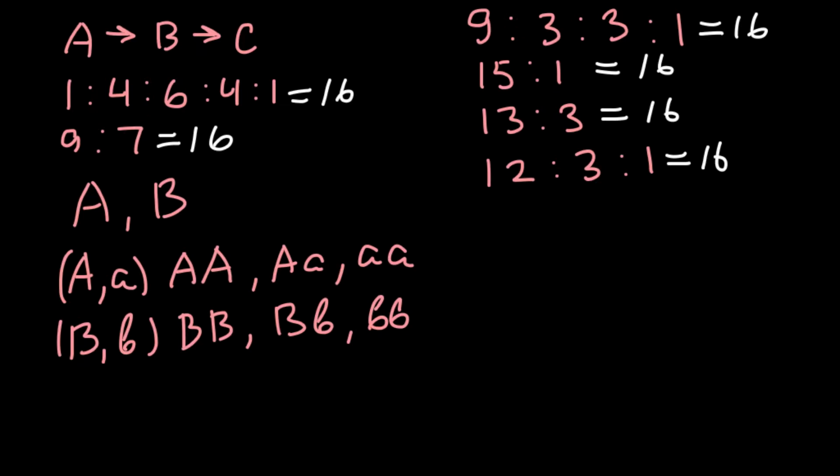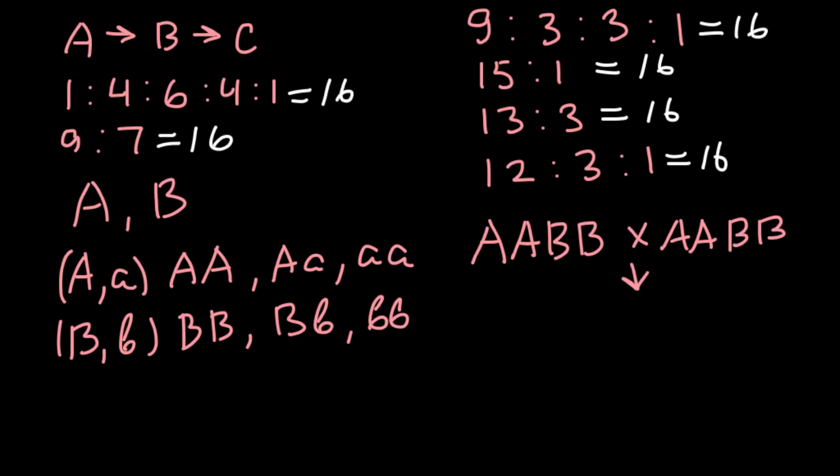For example, if one horse has the genotype capital A capital B and we cross it with the same genotype, then in the F1 generation only one genotype is possible, the same as the parental genotype, and we get no variation.